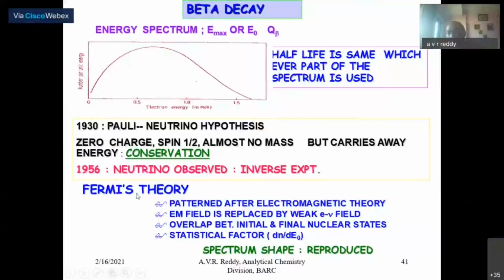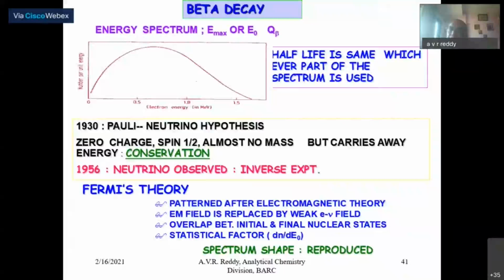So Fermi proposed the theory, and this theory will take a lot of time, though I have a few projections. I'll just give a brief briefing of this. Fermi's theory is based on the well-known theory of the time, electromagnetic theory.